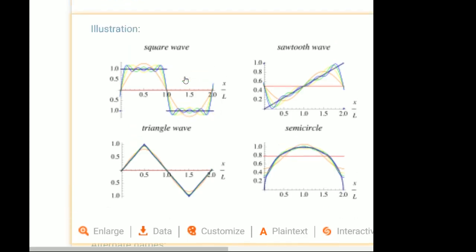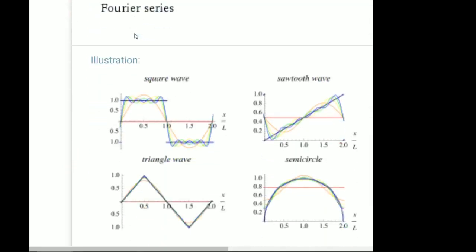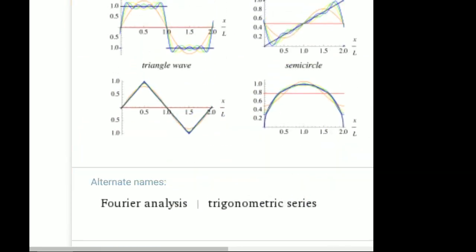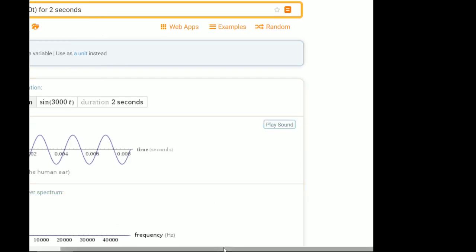So the goal is to have a function and say that it's a sum of sines, a Fourier series.